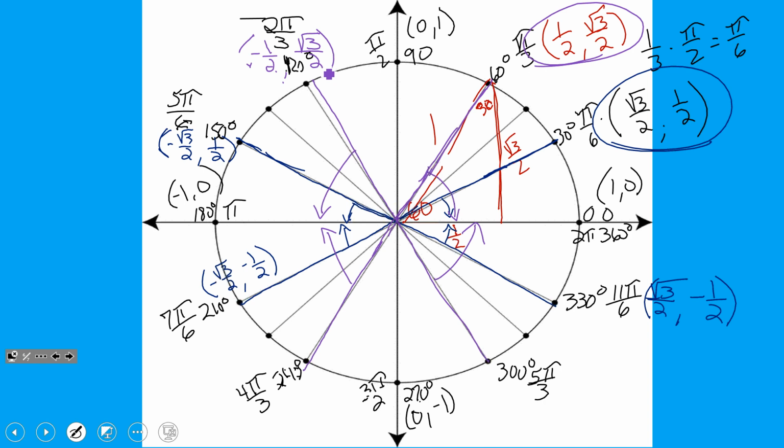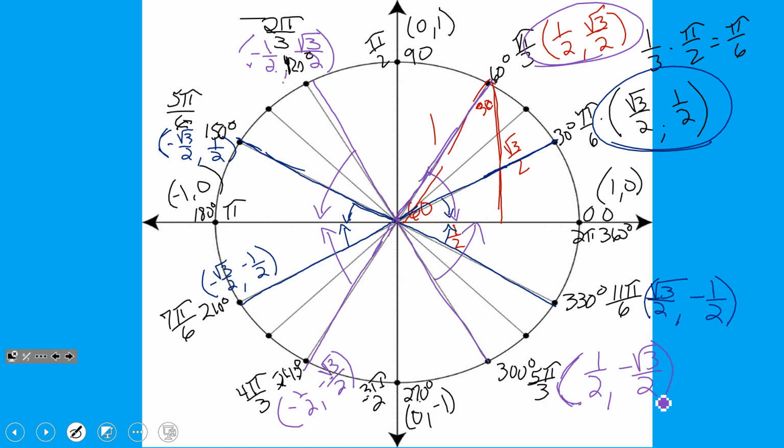Down here at 240, it is negative 1/2 and negative square root of 3 over 2. Okay, and then right here at 300, it is positive 1/2 and negative square root of 3 over 2.